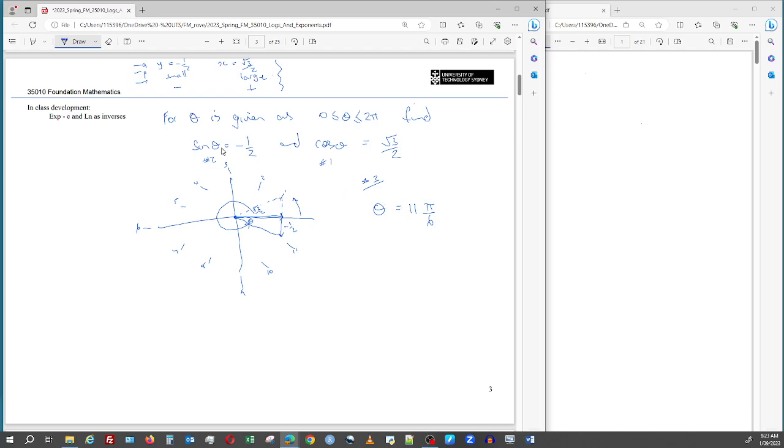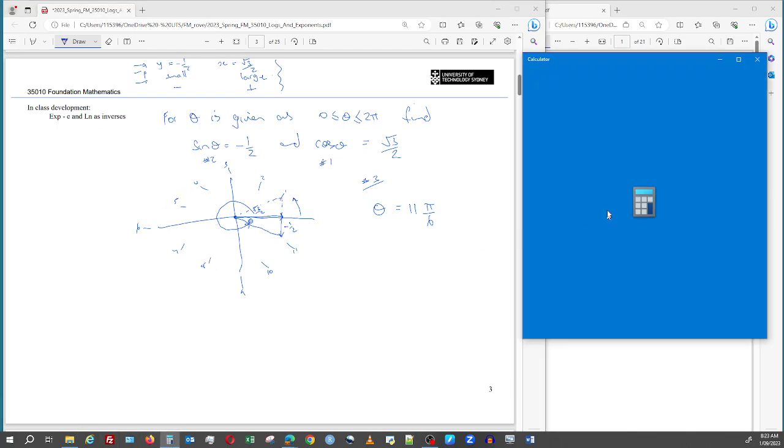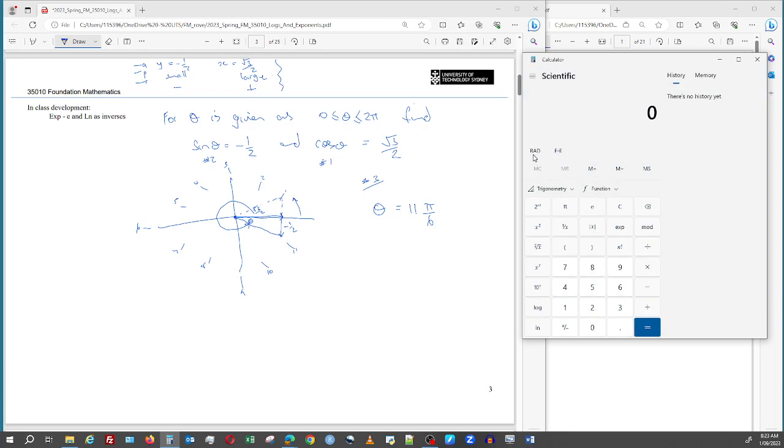Now, if you put your calculator in and do sine of 11 lots of pi on 6, we'll quickly do that just so that you can see it. Make sure you're in radians.